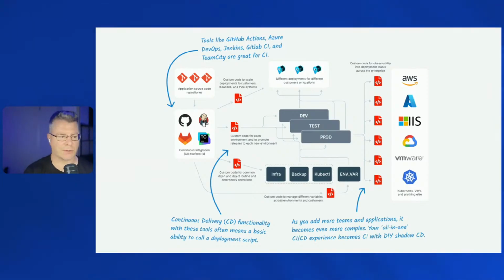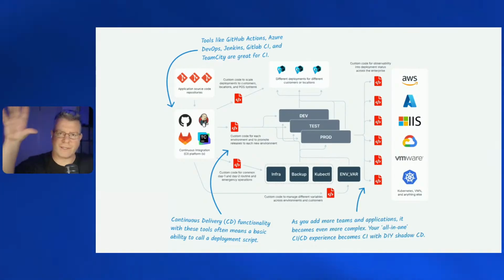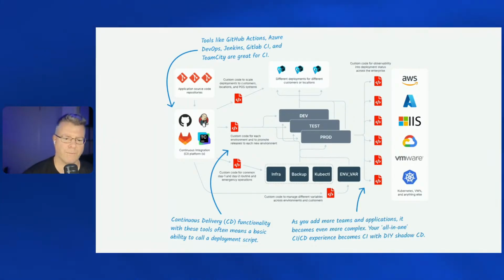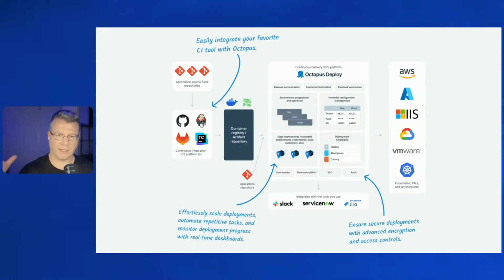I have to maintain my own scripts, etc. I may have a bunch of other tools as well, kubectl, for example, for doing deployments to Kubernetes clusters. These and other variables are difficult for me to contend with because there's just so much stuff gravitating around my source code. And so with Octopus Deploy, we like to consolidate that under one roof.